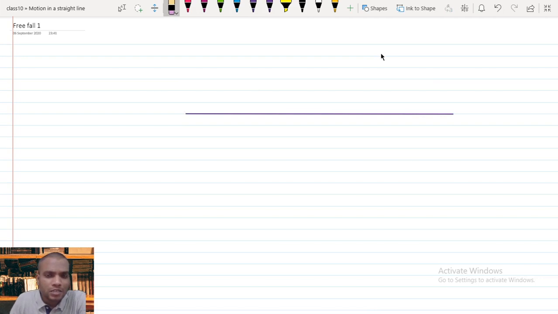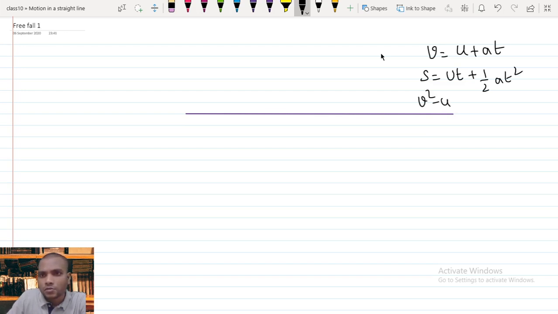And we talked about distance, displacement, velocity, acceleration, and finally I reached deriving the equations of motion, that is v equal to u plus at, and s equal to ut plus half at square, and v square minus u square equal to 2as. So these are the equations of motion we covered till now.